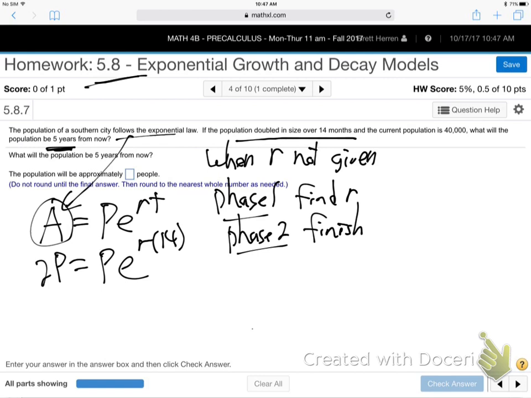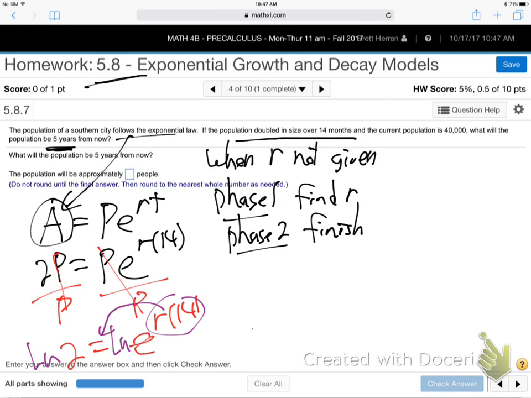Anyway, let's finish up. So I got to solve for R. That's enough information to solve for R there, isn't it? Just divide by P on both sides. Boom, boom. 2 is e to the R times 14. And so you know the drill. ln, the R times 14 drops down. So we get ln 2 equals R times 14 ln e. What's ln e? 1.